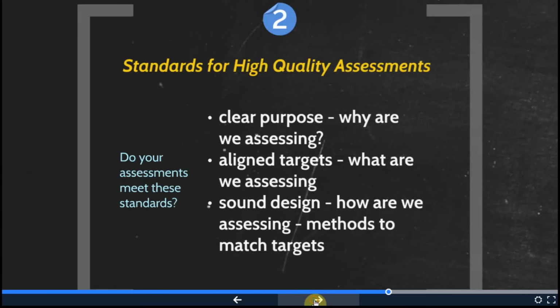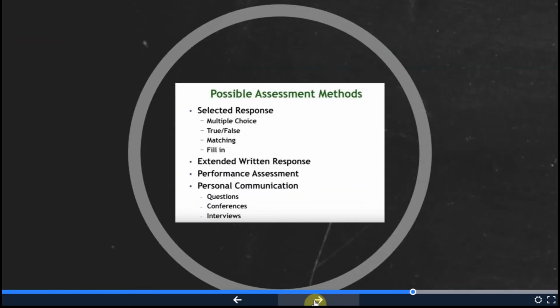So that means taking a look at the type of target that we have and saying, okay, well, I'm asking students to create something, but I'm giving them a multiple choice question to answer that with and to show me that to demonstrate their learning. That wouldn't match up. That wouldn't be sound assessment design.